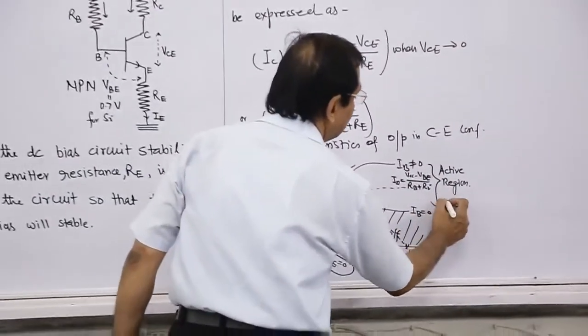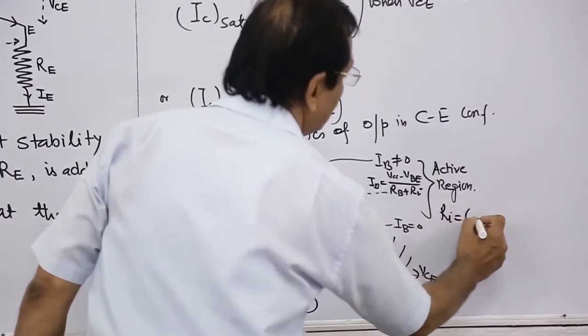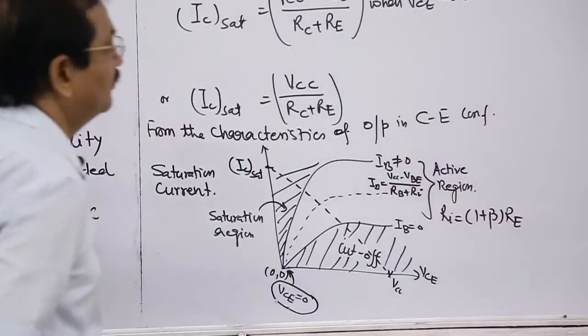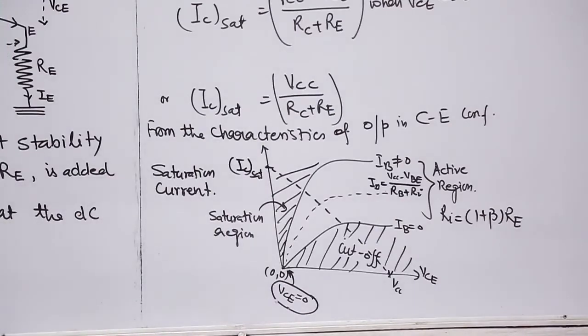What is Ri? This Ri is equal to 1 plus beta RE.